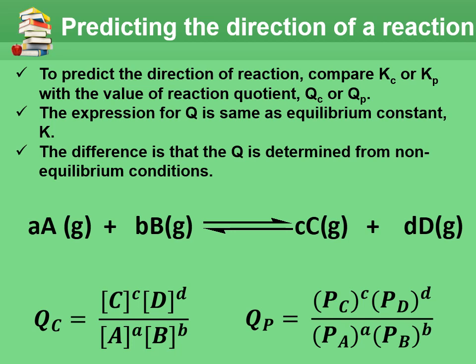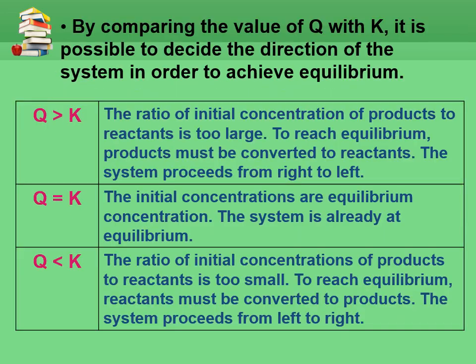The next part is predicting the direction of a reaction. In order to predict the direction, we compare Kc or Kp with the value of reaction quotient, Qc or Qp. The expression for Q is the same as equilibrium constant K. The difference is that Q is determined from non-equilibrium conditions. By comparing the value of Q with K, it's possible to decide the direction of the system.